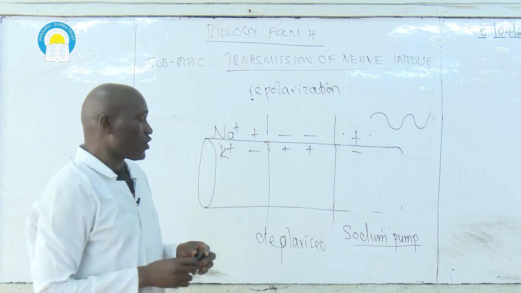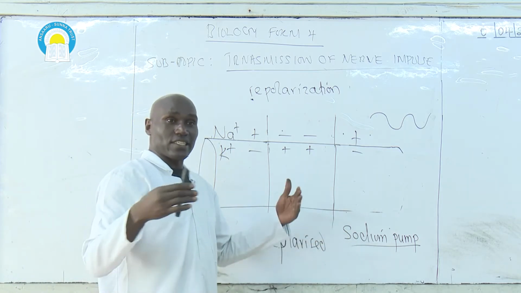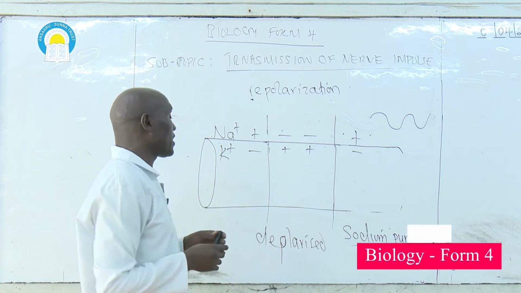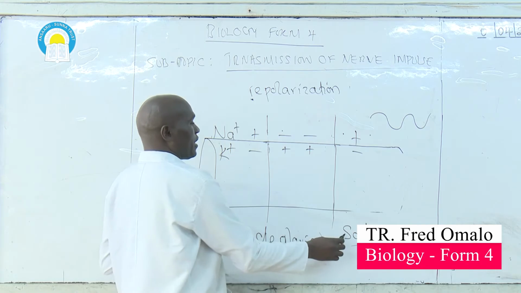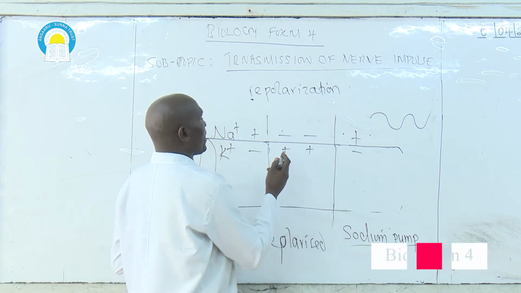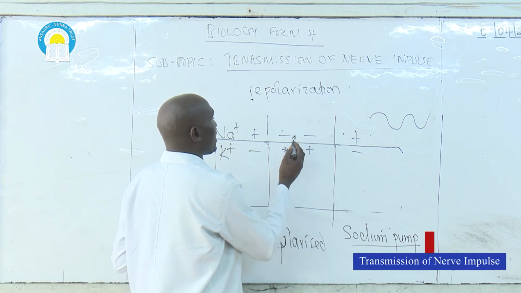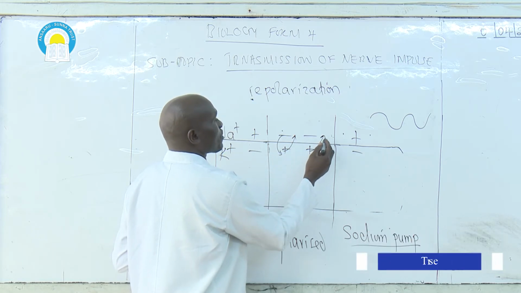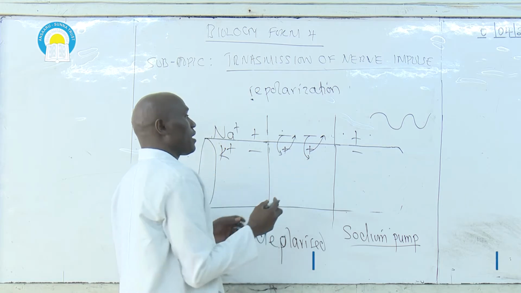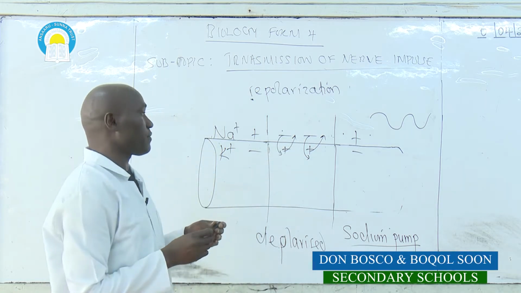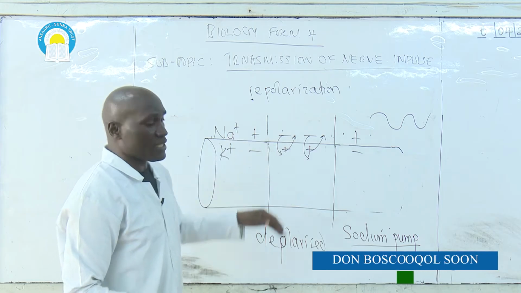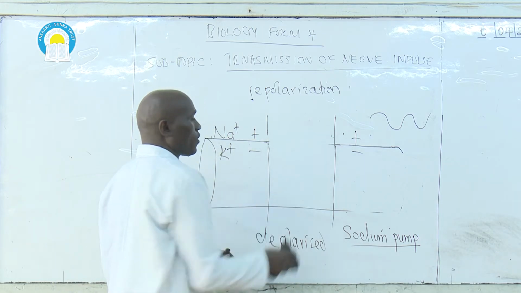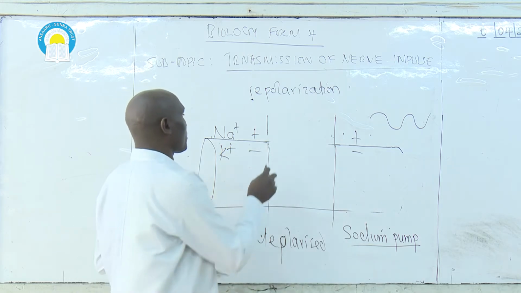In repolarization, sodium pump resumes its function. When sodium pump resumes its function, its activity will make positively charged ions to be pumped out and negatively charged ions to move in. Positively charged ions will move out, negatively charged ions will move in. That process will lead to repolarization of the section of the neuron.